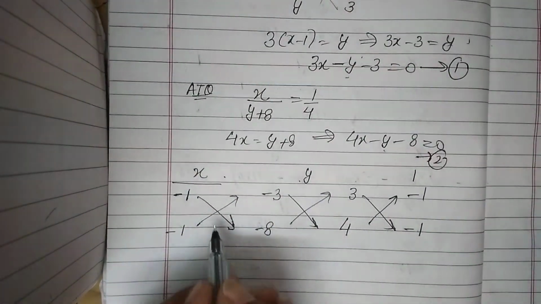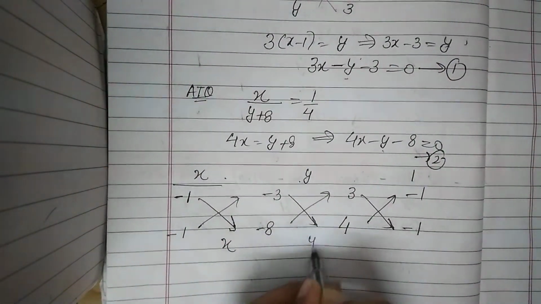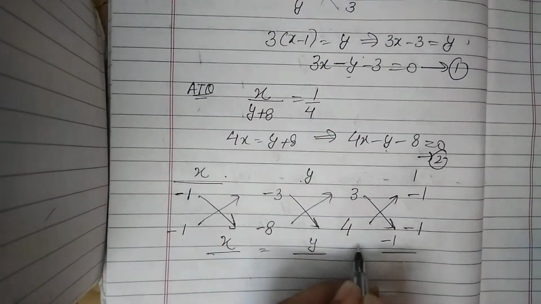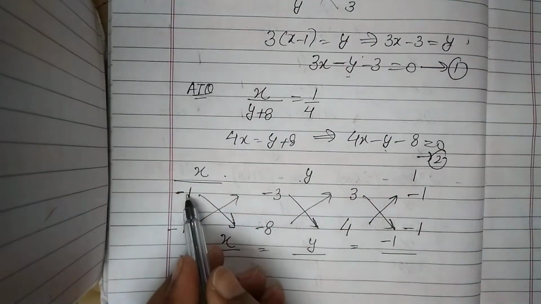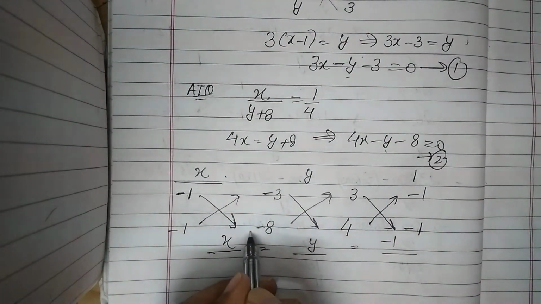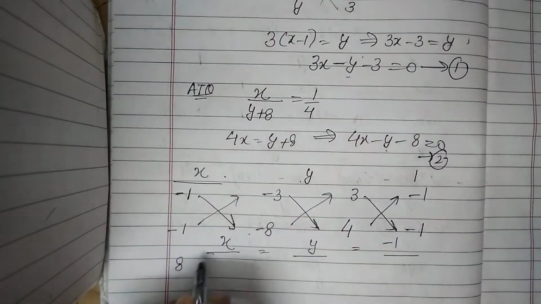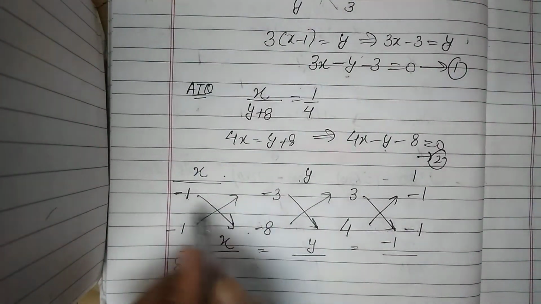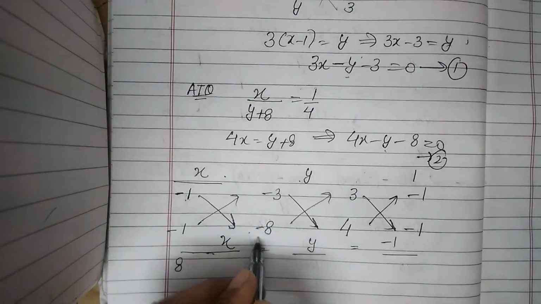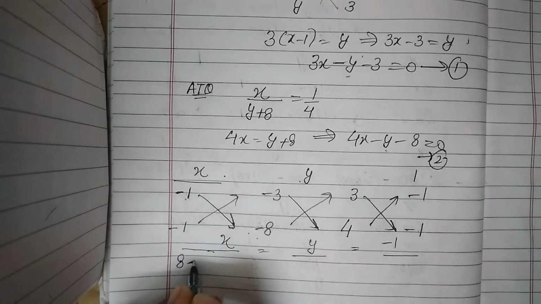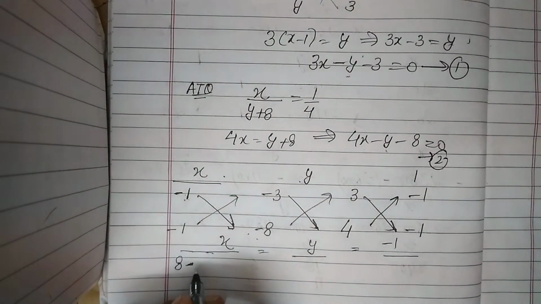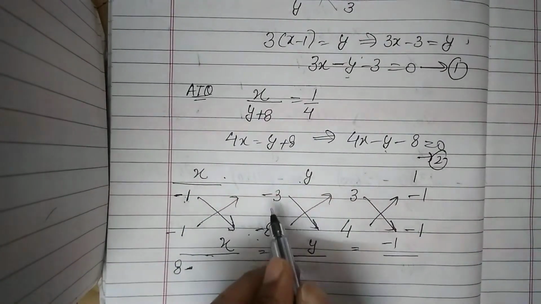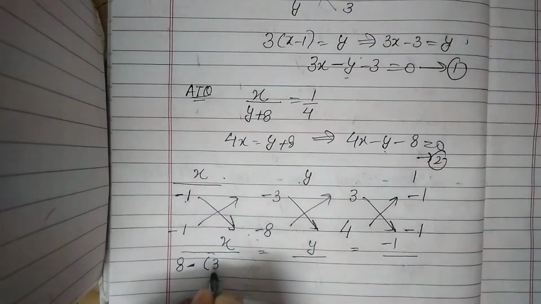Now write here x, y, minus 1 upon equal to. Now firstly minus 1 is multiplied by minus 8, that is our answer 8. Minus is in the formula, so write the sign of minus. Now again from downward to upward, minus 1 multiplied by minus 3, that is plus 3.